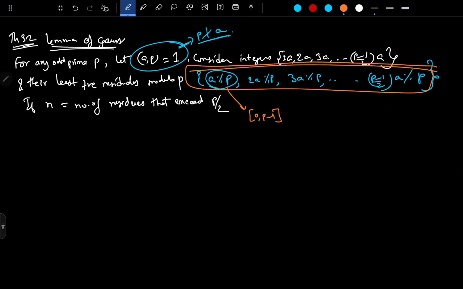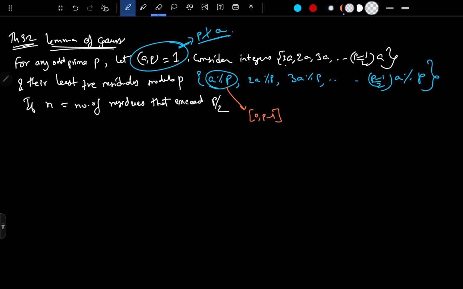In this set, some of the values will be greater than p by 2 and some will be less than p by 2. I will write neatly, don't worry. So n denotes the number which exceeds p by 2. Then (a by p) is equal to (minus 1) to the power n.